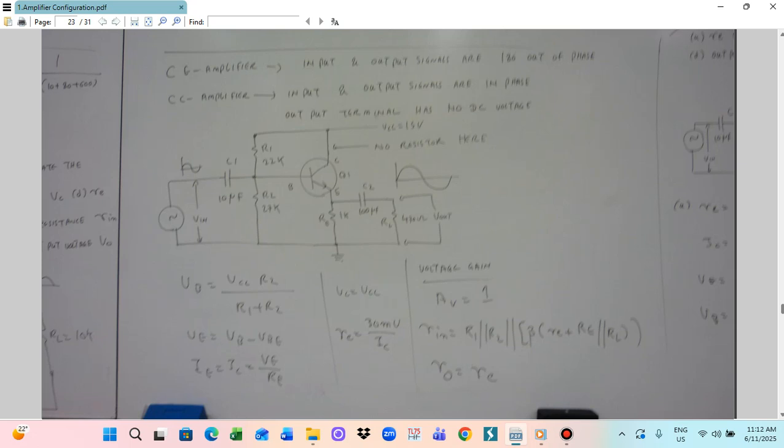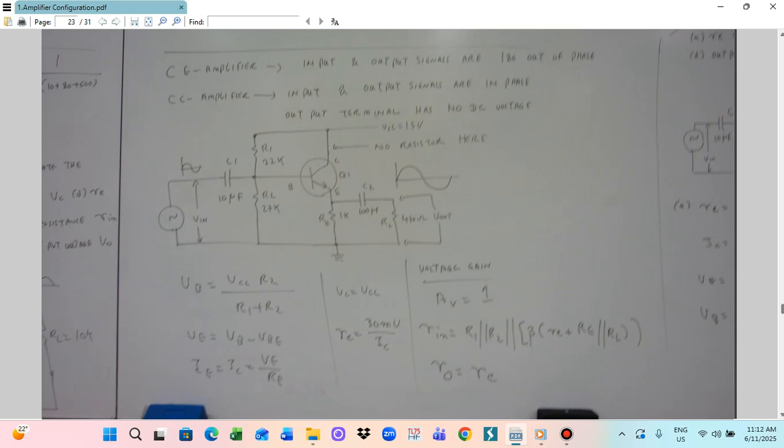VC is equal to VCC here, but for the CE amplifier it is VCC minus ICRC. For the CC amplifier, the voltage gain is about 1, and the input resistance is R1 parallel R2 parallel beta into (RE plus capital RE parallel RL).